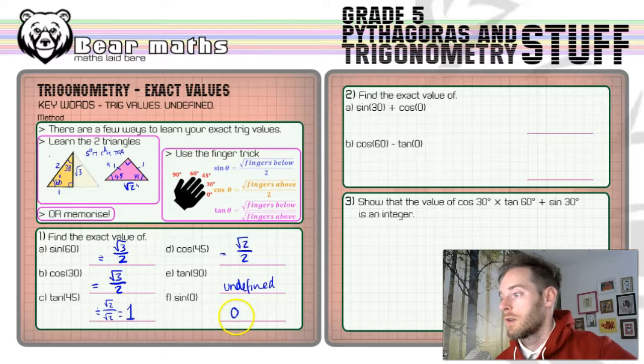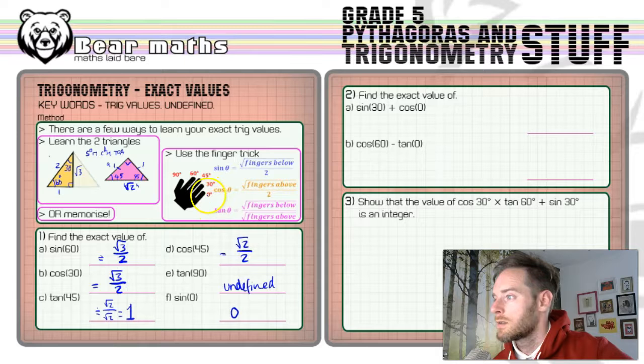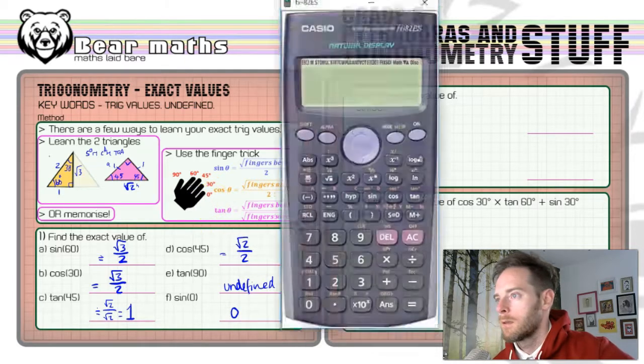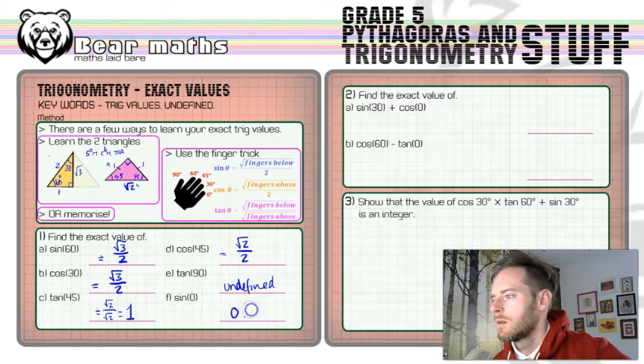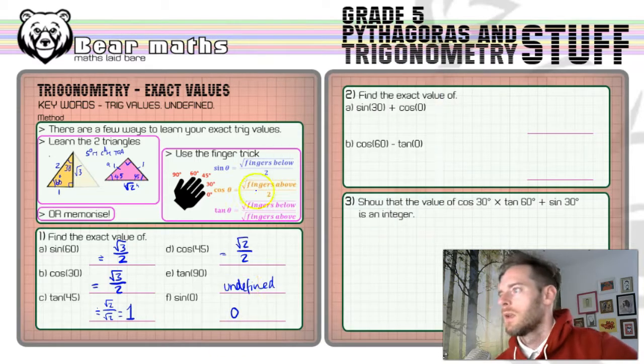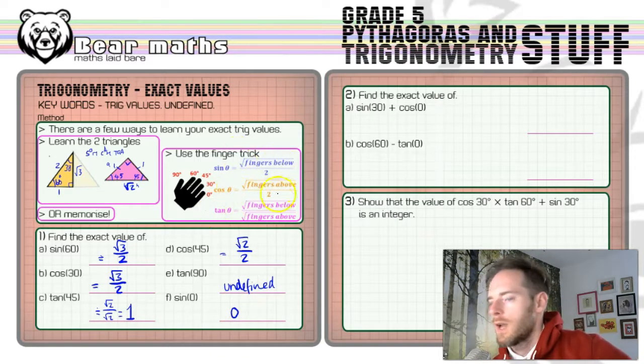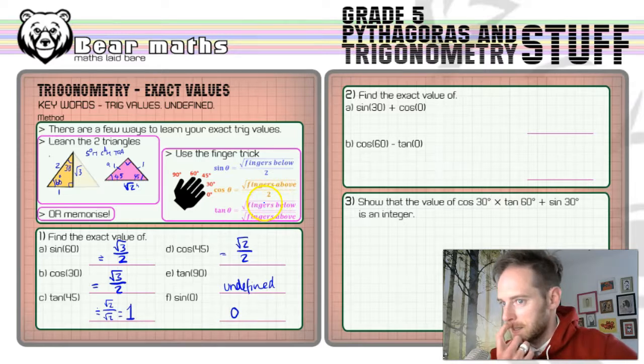No, hold on, is that right? What am I talking about? Fingers below, that doesn't make sense. Square root of 0, let's check this one. Sine 0 is 0, yeah, what am I thinking about? Of course it is. No fingers below, yeah, 0 divided by anything, it's always going to be 0.